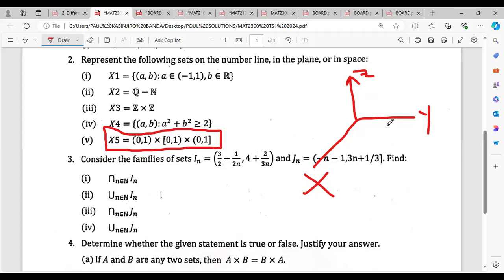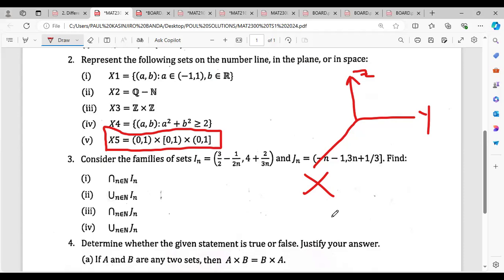So do you have any idea what we should do to represent those coordinates on there? What do you think we should do? Hello?